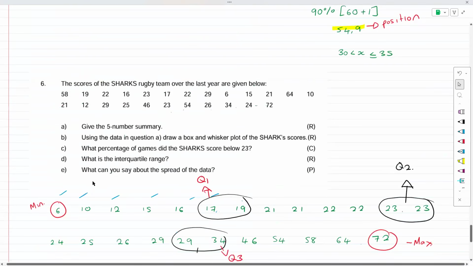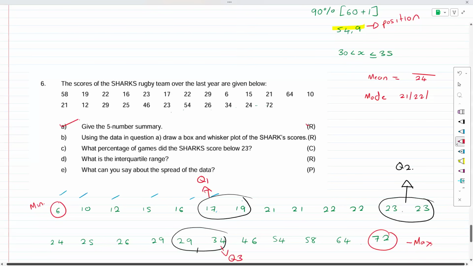Okay. Now we got the 5-number summary, especially if you're drawing a box and whisker diagram. You don't want to make it too difficult to deal with, but we have a 5-number summary. Again, guys, if they wanted the mean, you would add all the numbers and divide by 24. If they wanted the mode, you would look for the number that appears the most, and in my data it should be 21, 22, and 23.